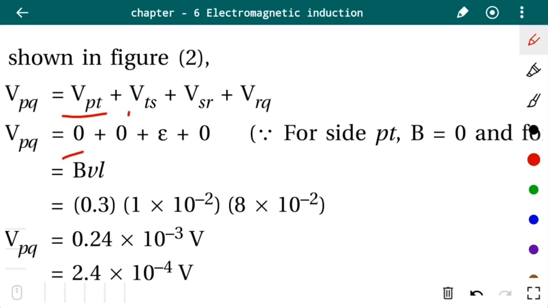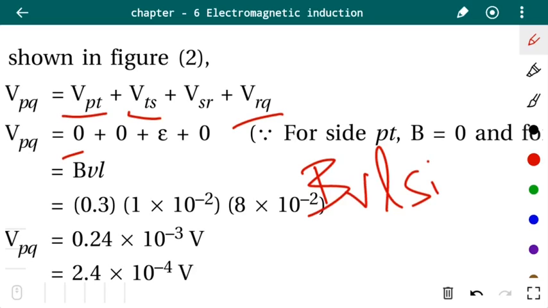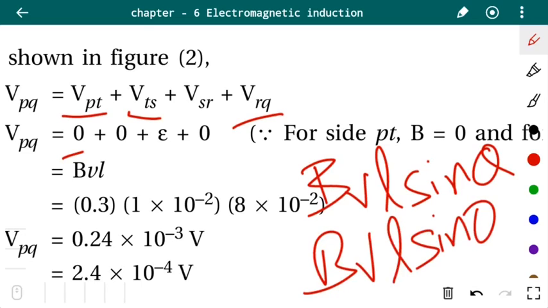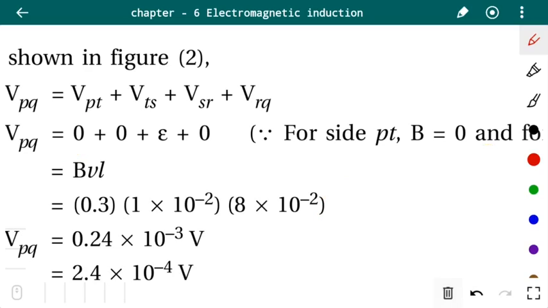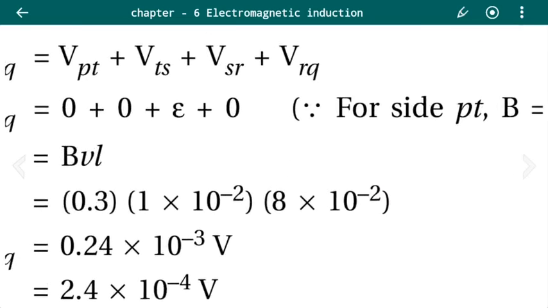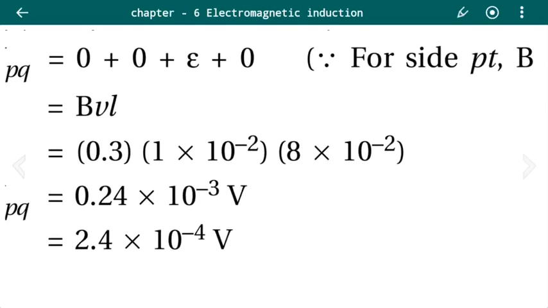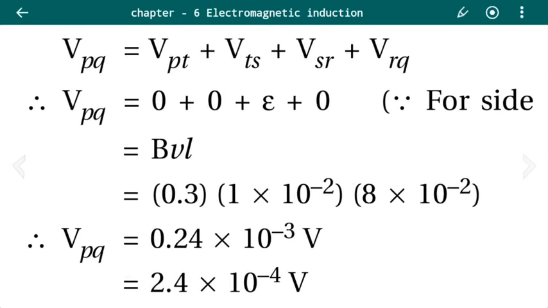For the sides TS and RQ, the length is parallel to the velocity, so that is also 0, because as you can see here the formula is BVL sin theta. So here BVL sin 0 degrees, so it becomes 0.